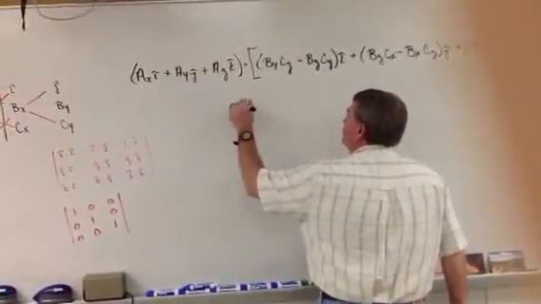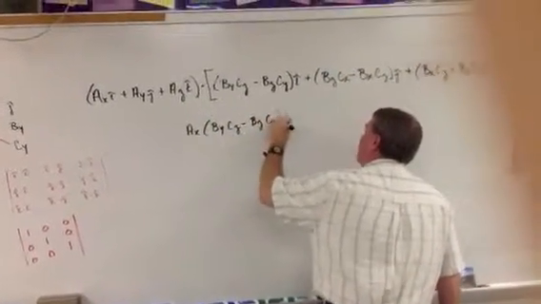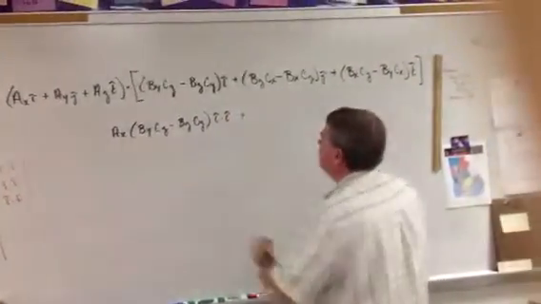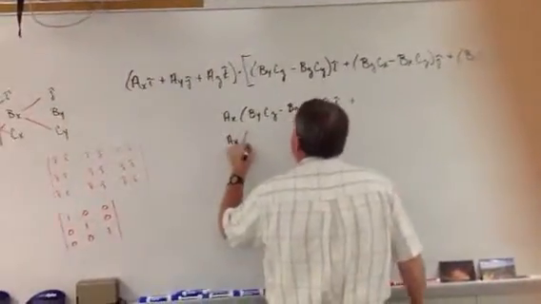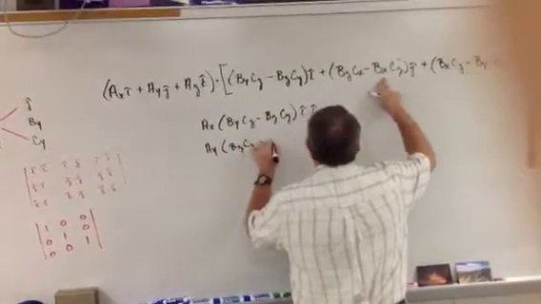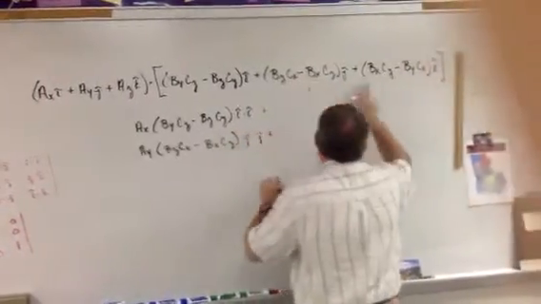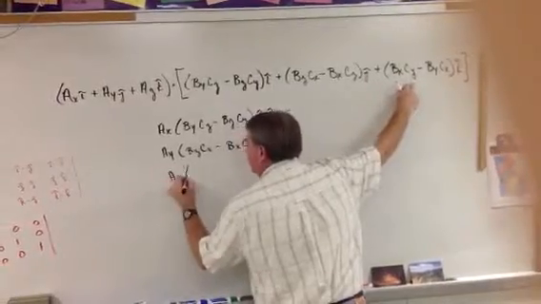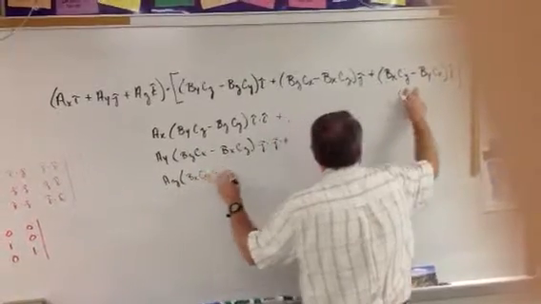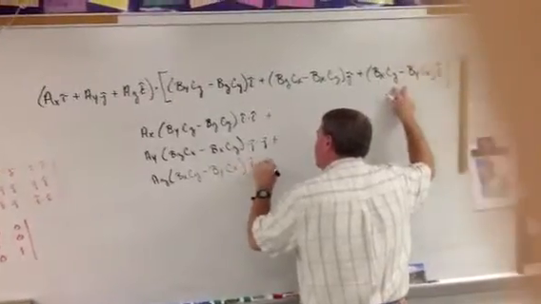So we have Ax (ByCz minus BzCy). I'm going to put i dot i plus Ay, and the j term will be (BzCx minus BxCz), and that's j dot j, plus Az times the k term (BxCy minus ByCx), and that's k dot k.